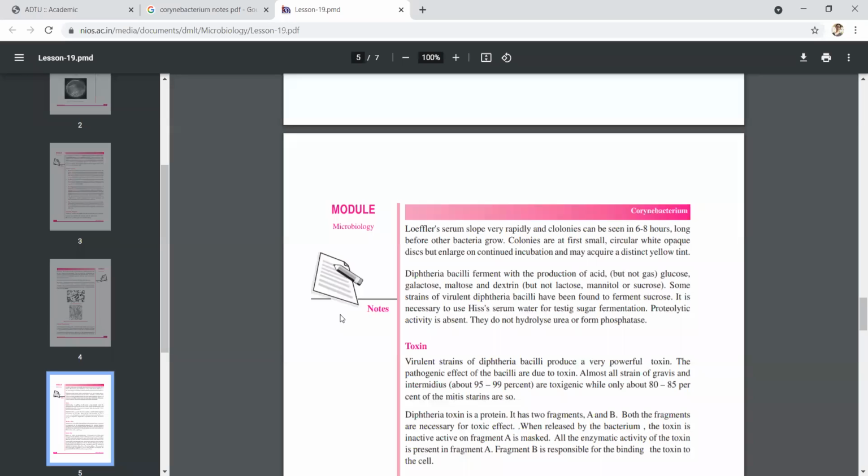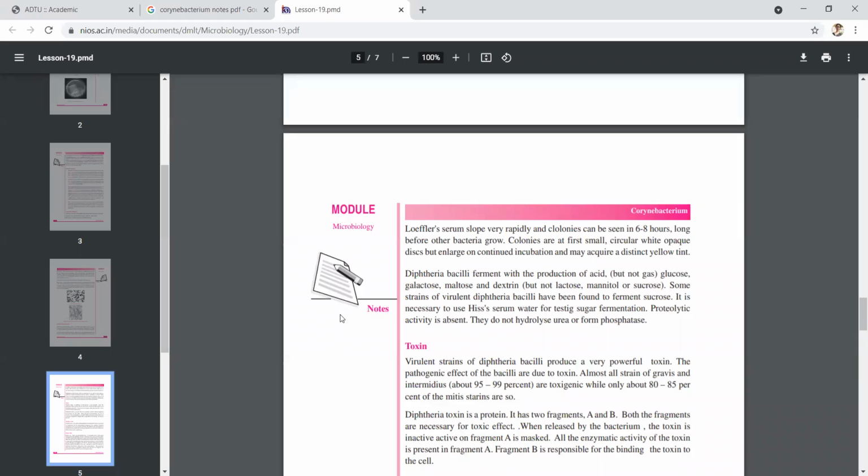Diphtheria bacilli ferment sugars with the production of acid, but there is no gas formation. If we test whether the bacilli can cause fermentation, you will see that it does ferment glucose, but it only produces acid, with no production of gas.